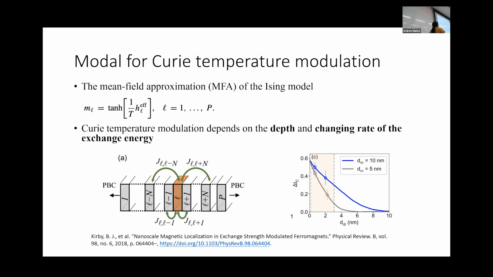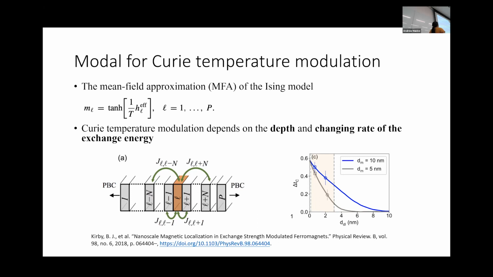Using the simulation, the result we got is right here. Our Curie temperature modulation is this curve here. This d length is the distance from the center to the other parts.